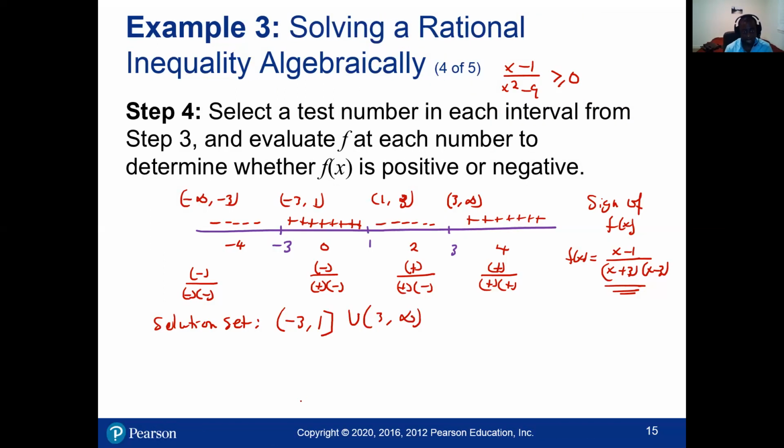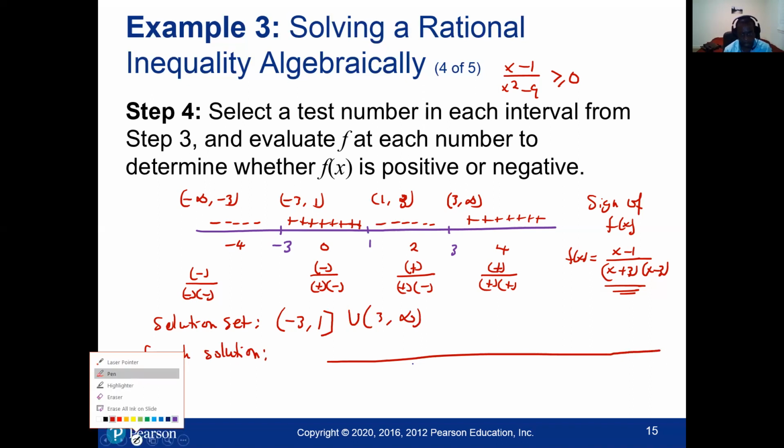Okay, so that gives us the same as before. And then if I draw the graph of the solution set, the graph of the solution set will be this. Okay, where you have negative 3, and you have 1, and you have 3.